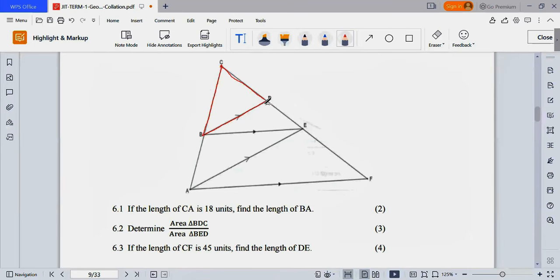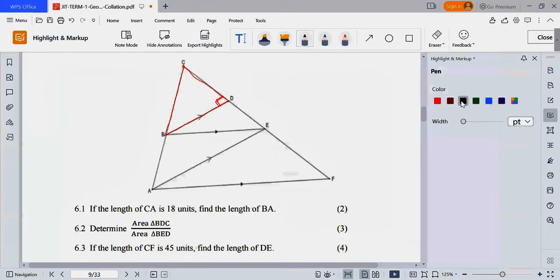So here we've constructed a perpendicular height, which should be equal to 90 degrees. So using angles on a straight line, if this is 90 degrees, we know that also here should be 90 degrees. Now, the other triangle that we are looking for is this one, BED, which is the triangle there.